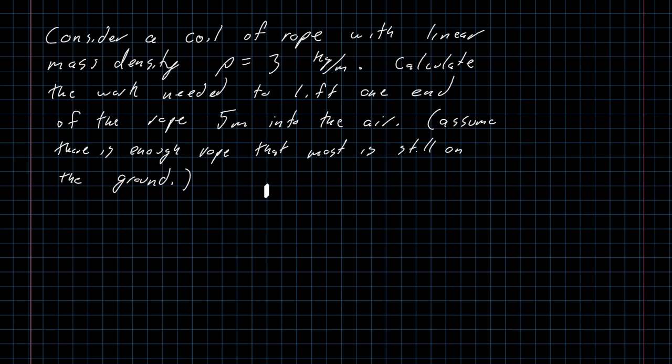So the idea here is I've got some sort of a crane or a hoist that has grabbed one end of a coil. And that one end of the coil is now at a distance of 5 meters above the ground. Most of the coil is still sitting on the ground.